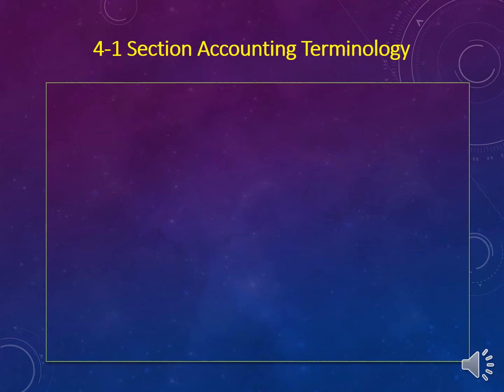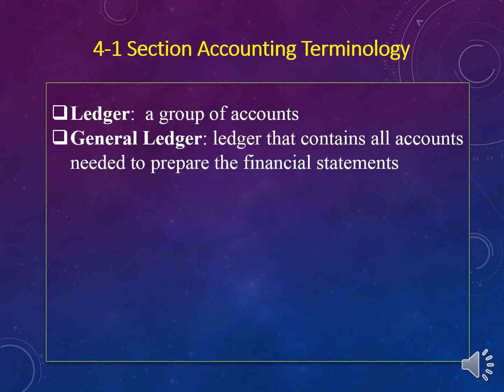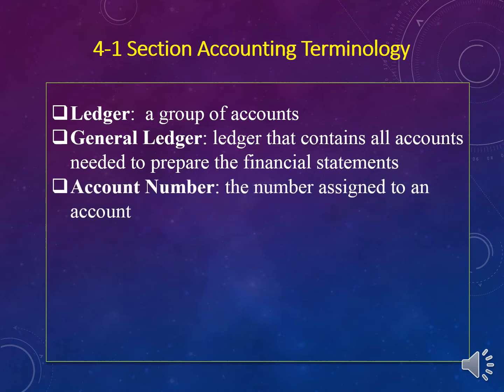To start Chapter 4, we are going to look at 4-1 accounting terminology. Ledger. A ledger is a group of accounts. The general ledger is a ledger that contains all accounts needed to prepare the financial statements. Account number. The account number is the number assigned to an individual account.